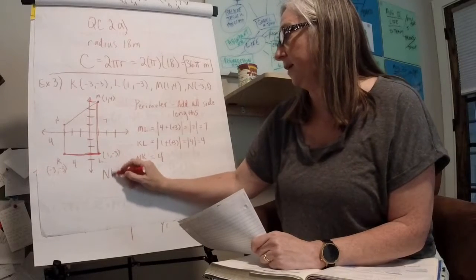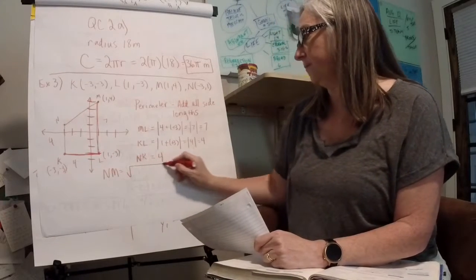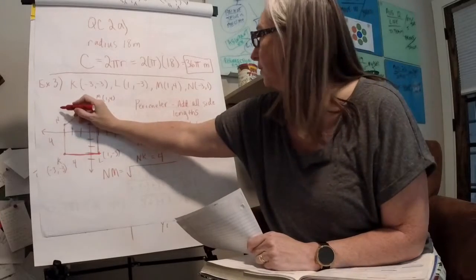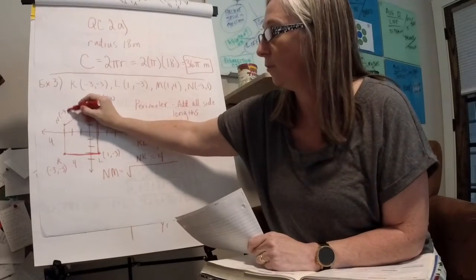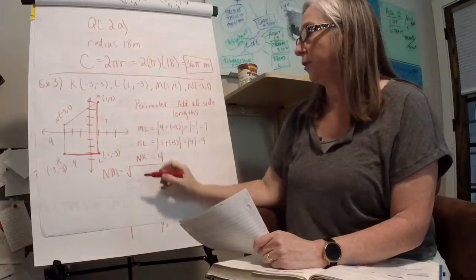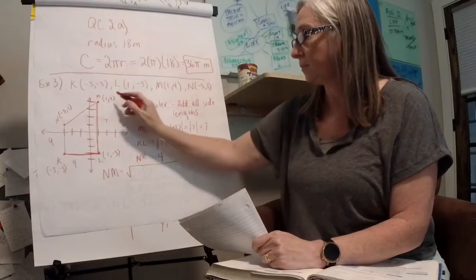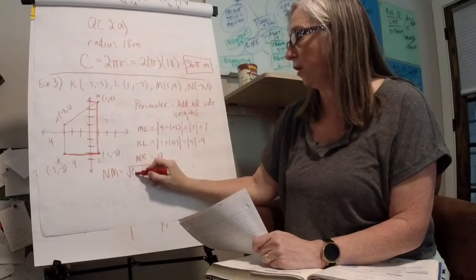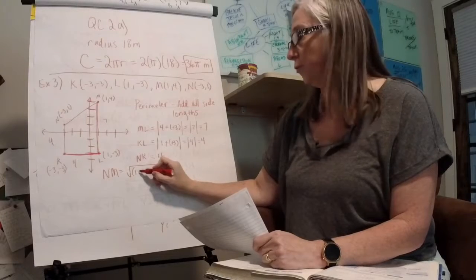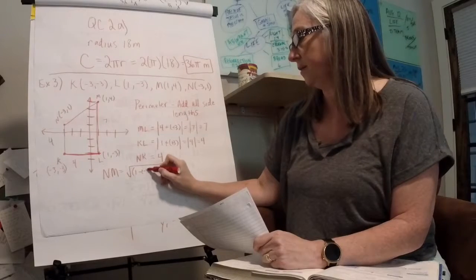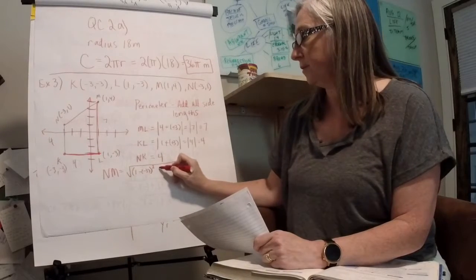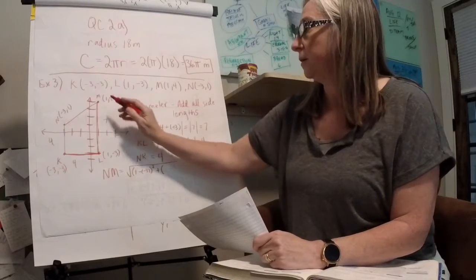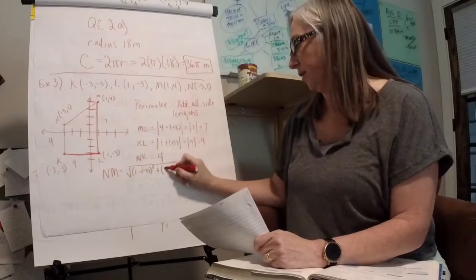So to find NM, I'm going to use the distance formula. Let me write N over here. So N was -3, 1. So I'm going to use these two points. I'm doing the x values first. 1 minus a -3, all of that squared, plus 4 minus 1 squared.